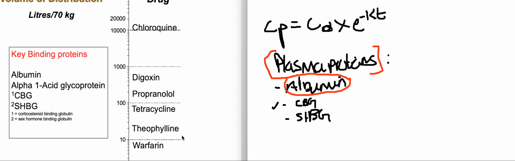So the basic thing we're looking at over here is that chloroquine has a volume of distribution above 10,000.